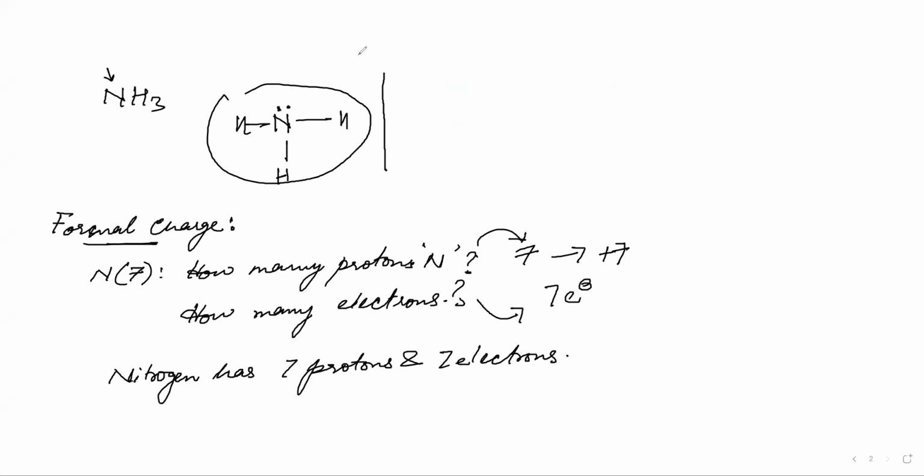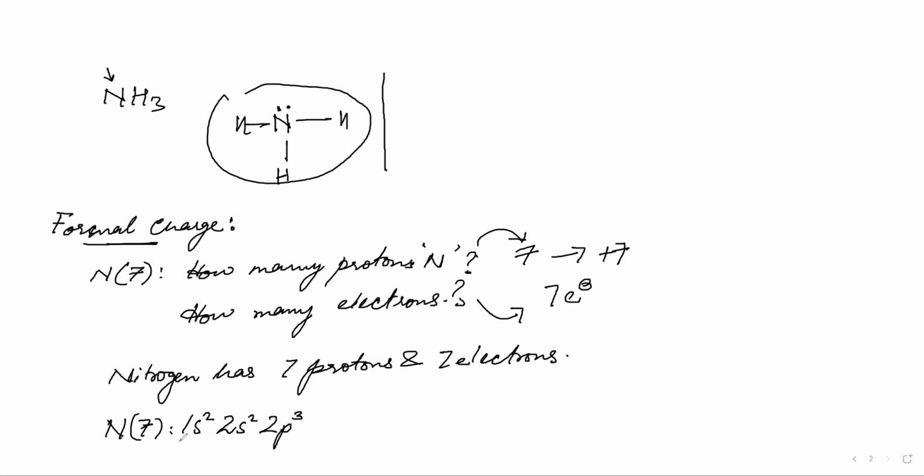Now, when anything is bonded, we don't look at inner shell electrons. For example, if I write nitrogen 7, can you tell me its electronic configuration? Sir? 1s2, then 2s2, 2p. How many are left? 2p3, correct? 3 is left.